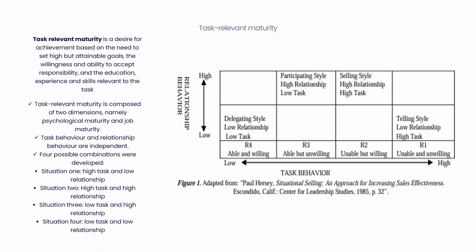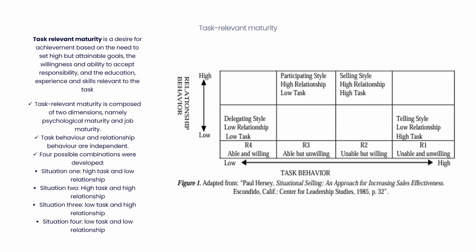Now, with this table, what we are seeing is that when we have low relationship and low task, here we need observing and monitoring, so that we'll be able to delegate, using the delegating style. Now, when we go to S3, high relationship and low task, here we need encouraging and problem solving of the situation.